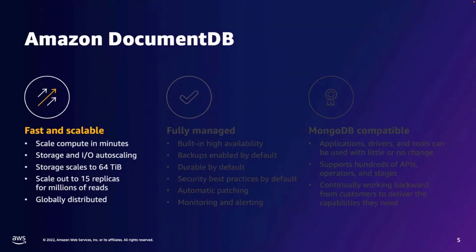For customers looking to support millions of read requests per second, you can scale out the compute layer to 15 replicas within minutes. And your DocumentDB workload has the ability to be distributed globally to up to 5 regions for disaster recovery from region-wide outages and low-latency global reads.